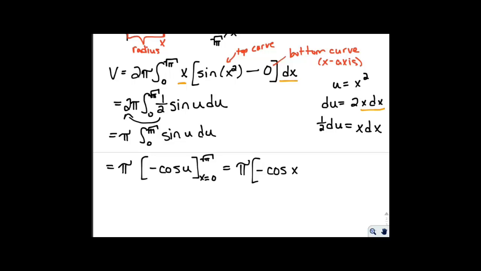And now we have to evaluate that. So we have pi on the outside still of negative cosine of the square root of pi squared minus negative cosine of 0, so that's pi times negative cosine of pi minus negative, so plus cosine of 0.